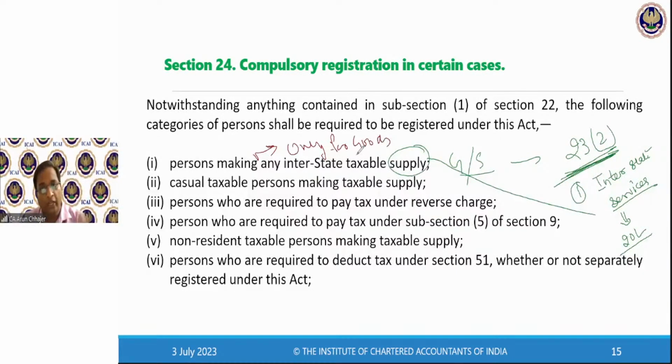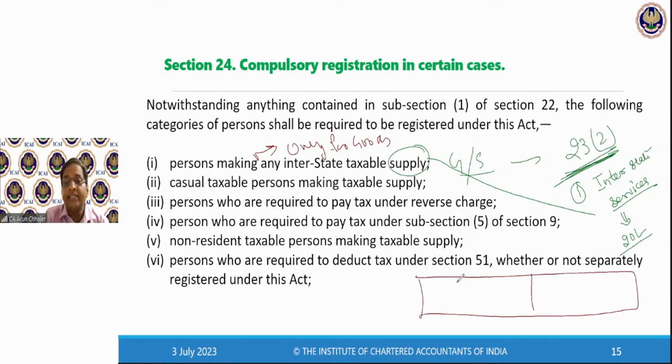ठीक है, तो कंक्लूजन क्या हुआ? If you are making interstate supply of the goods, you have to take mandatory registration as per section 24. If you are making only supply of the services, you are relaxed till 20 lakhs. 20 लाख तक आपको रजिस्ट्रेशन नहीं लेना है, भले ही आप इंटरस्टेट सप्लाई करो.